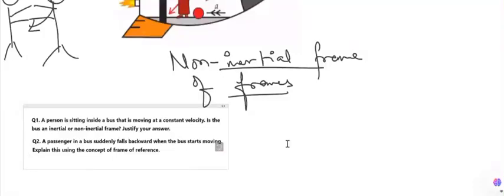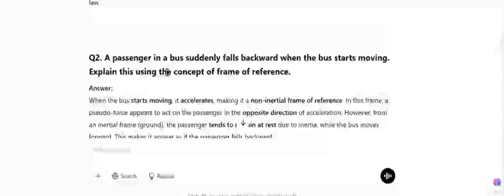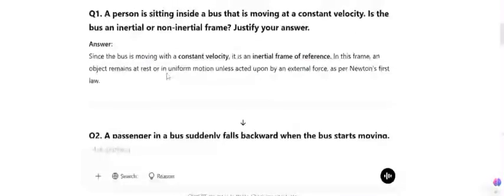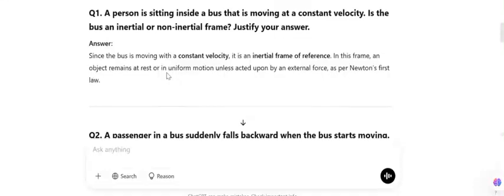Second question: a passenger in a bus suddenly falls backward when the bus starts moving. Explain this using the concept of frame of reference. First justify your answer to the first one.